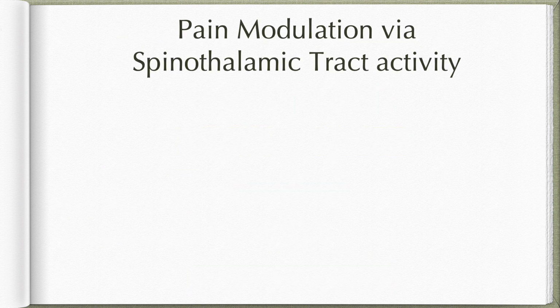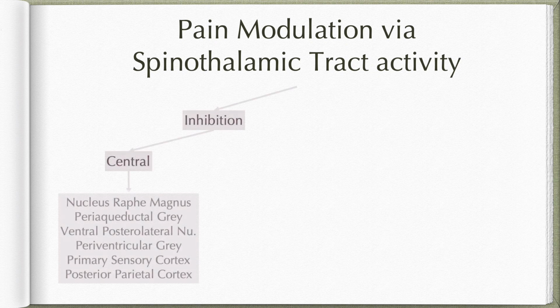Pain modulation can be brought in by altering the activity in spinothalamic tract. The spinothalamic tract activity can be inhibited by stimulating certain central structures like nucleus raphe magnus, periaqueductal gray, or ventral posterolateral nucleus in thalamus, or certain areas in the cerebral cortex like periventricular gray, primary sensory cortex, and posterior parietal cortex.